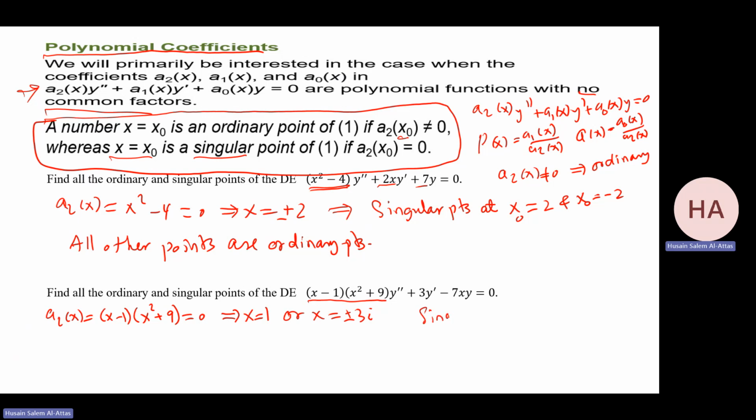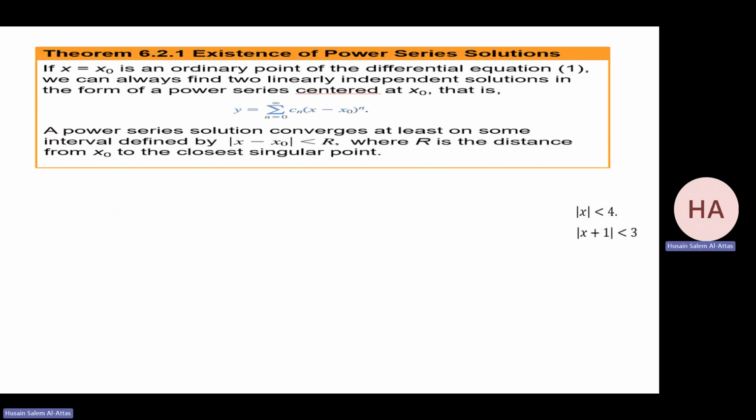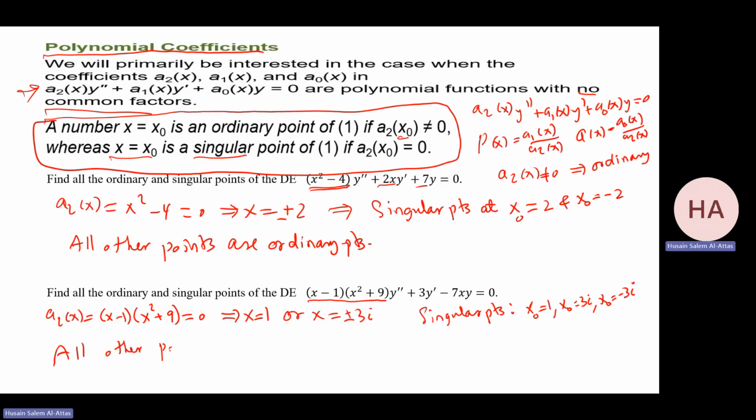Singular points. What are the singular points? x0 equal 1, x0 equal 3i, x0 equal minus 3i. All other points are ordinary.